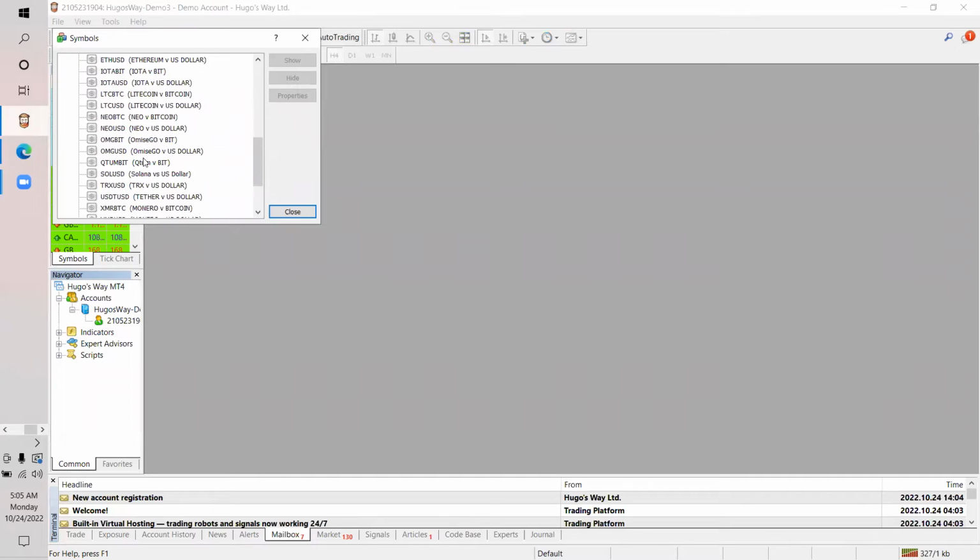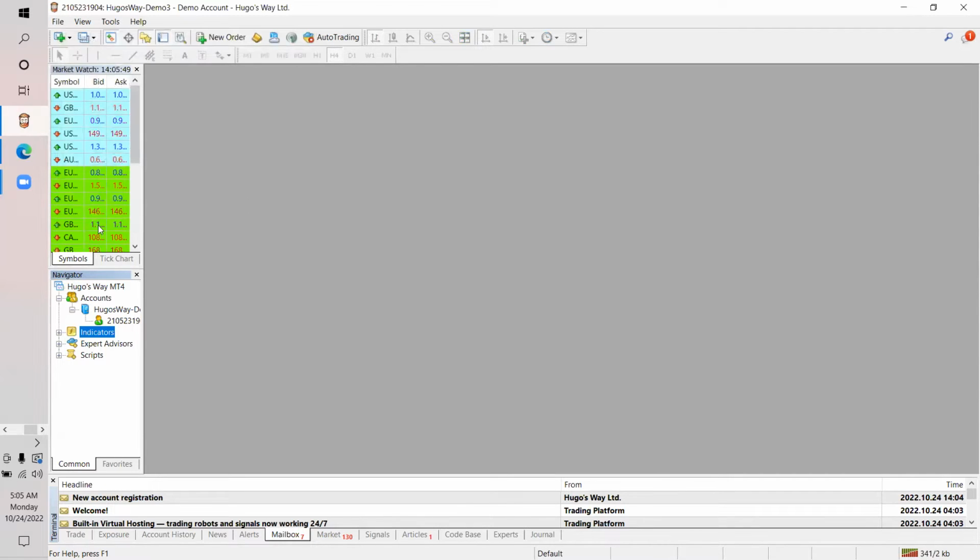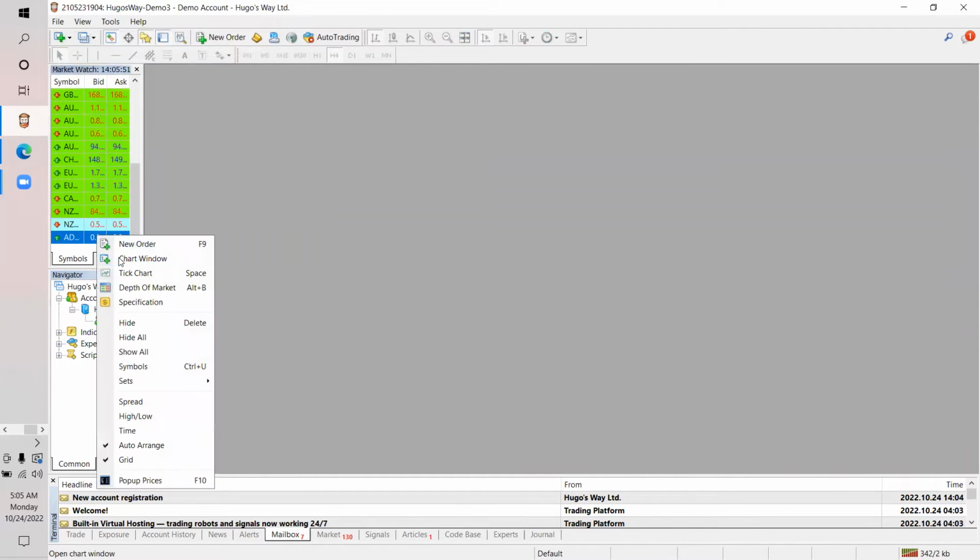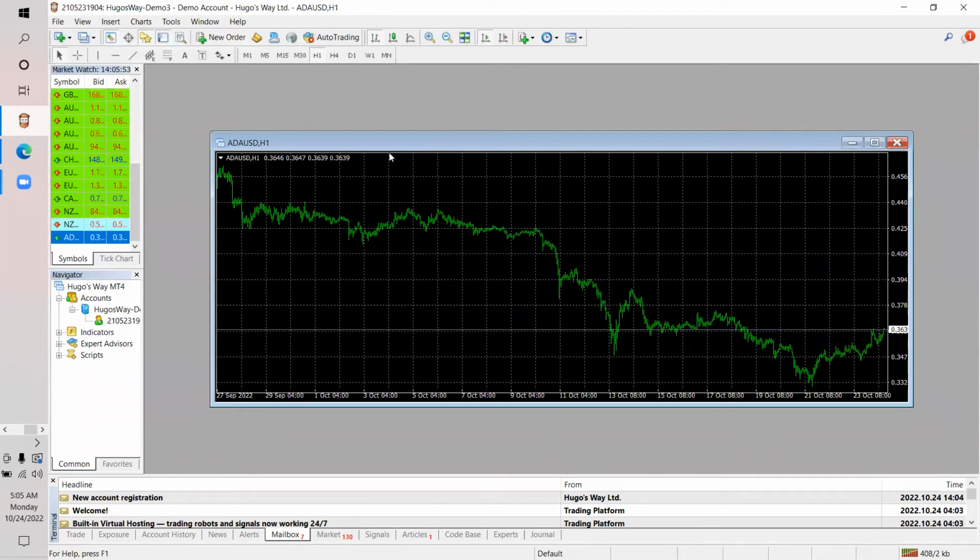So that being said, let's see what we got. Just taking a look. A lot of choices. Let's do Cardano. Why not? All right. So I'm going to use Cardano.